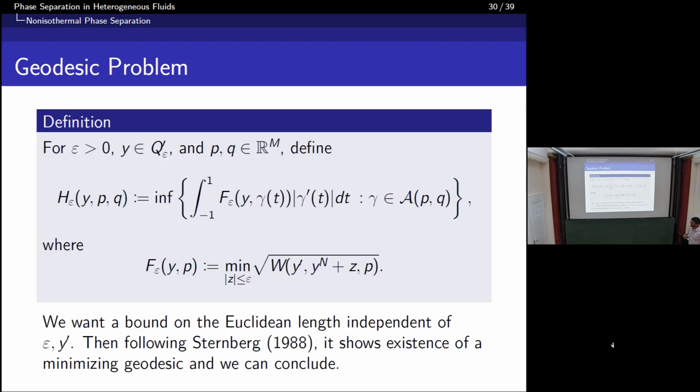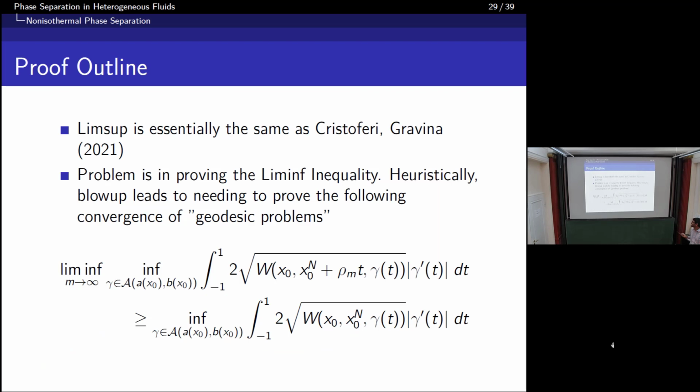Since we don't have a Zuniga-Sternberg paper for this case, I should point out that this is not exactly a geodesic problem, because it is not parameterization invariant, since you have this extra t here. So it's not a geometric problem.